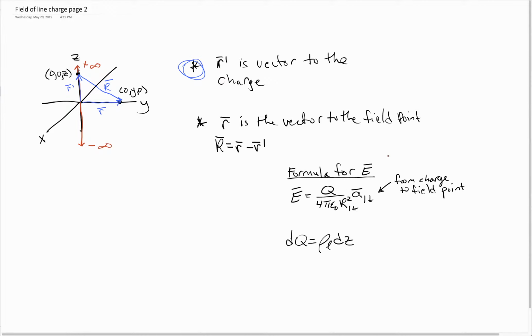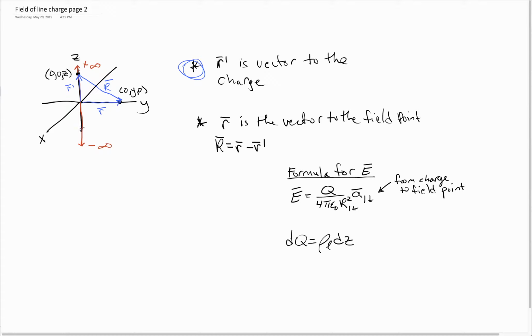And then we go back to our generic formula that we've already stated for the electric field. It's q over 4 pi epsilon 0 R squared, and then the unit vector from the charge to the field point. And so how we solve this problem is we just divide this infinite line of charge into an infinite number of little differential dz elements.